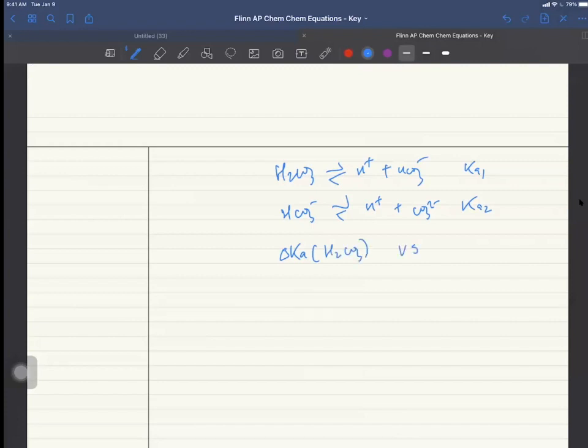So if you compare the delta Ka here, let's say this is called delta Ka, carbonic acid, with the delta Ka in H2S, you guys understand what is delta Ka, right? The delta is Ka1 divided by Ka2. It's not a subtraction, it's a ratio, because these two values are so small. So which ratio do you think will be greater?